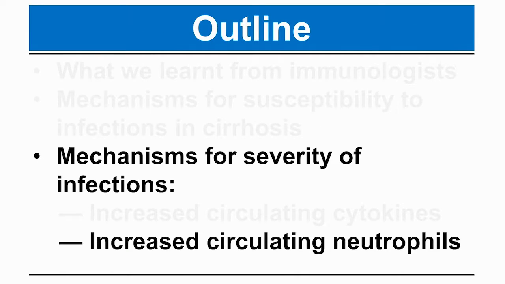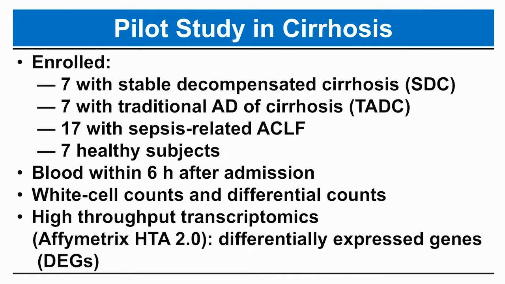I would like to show you some new results obtained in my lab regarding neutrophils. We love neutrophils, and I will try to explain why. Here we did a pilot study. Hopefully it will be published very soon. 7 patients with stable decompensated cirrhosis, 7 with traditional AD, 17 with sepsis-related ACLF, and 7 healthy subjects.